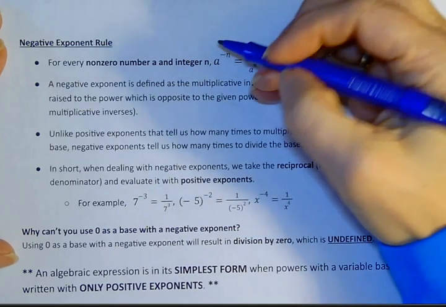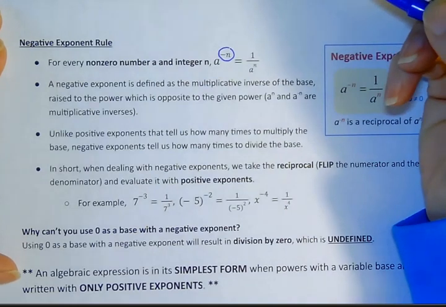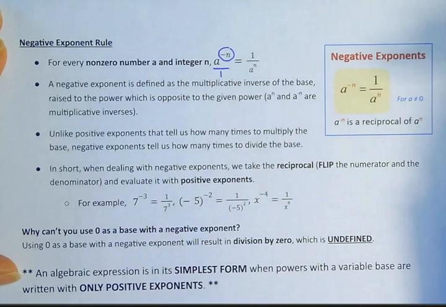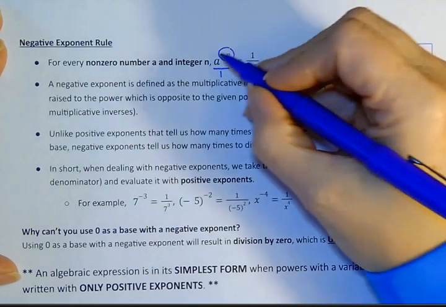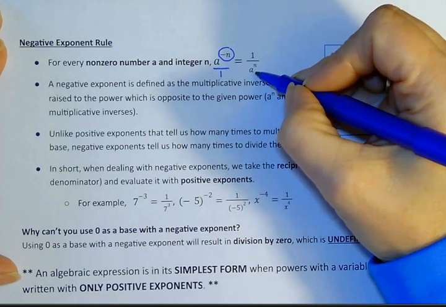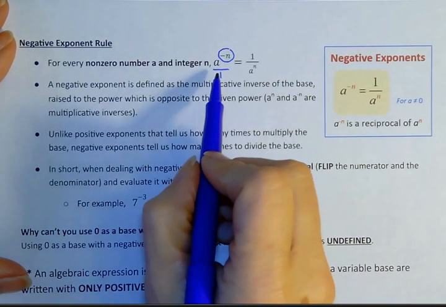Okay, so I am making this negative exponent move from what was originally the numerator, if you had a fraction there. I'm going to move that whole term, a to the negative n, into the denominator and change the sign. Okay, we showed why that works just a moment ago, but that's our rule.